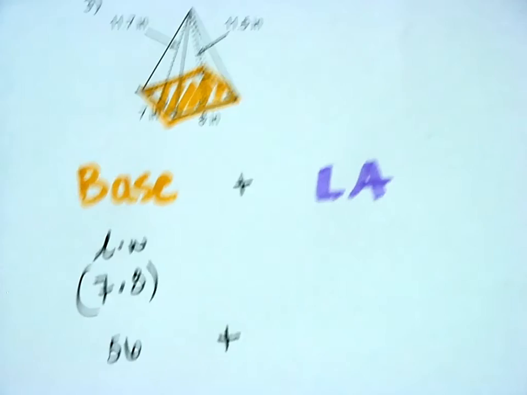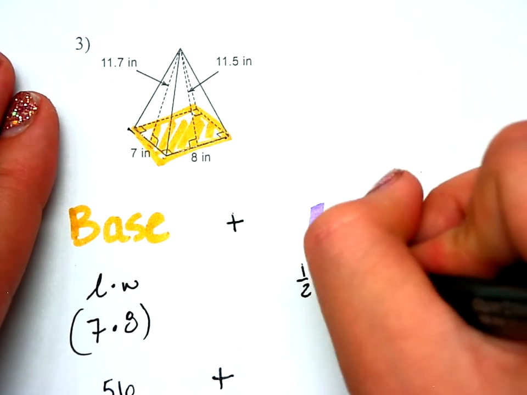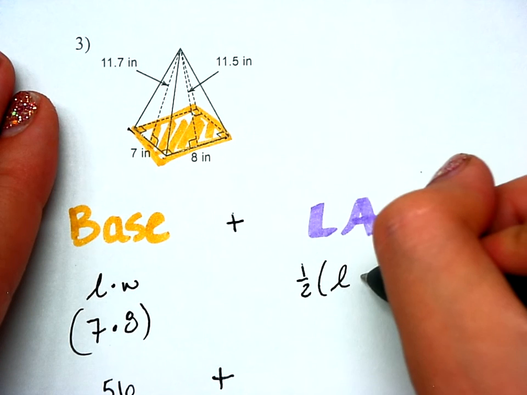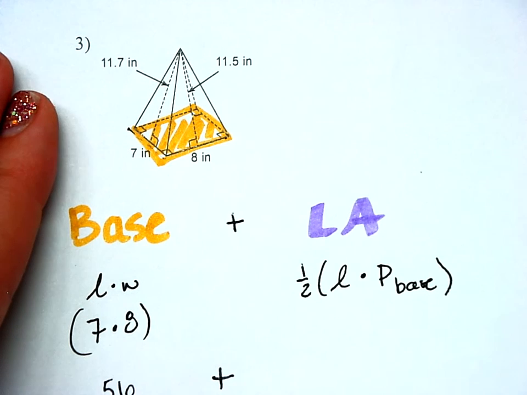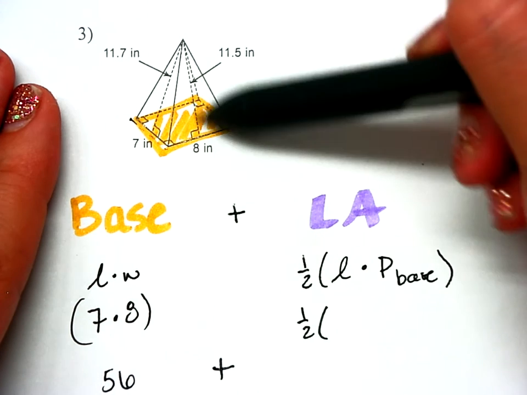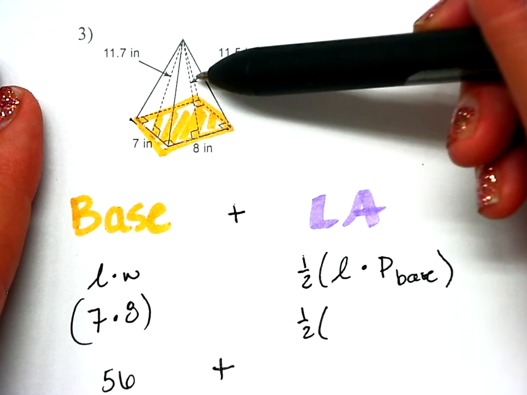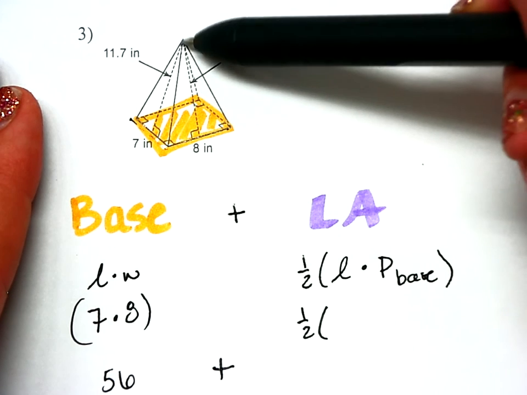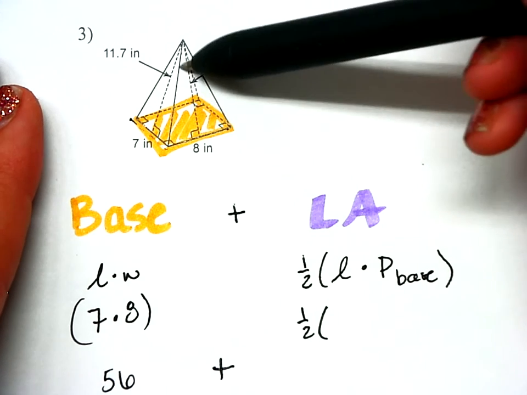and we know we're adding whatever we get for lateral area. Our formula tells us to do 1/2 the slant height times the perimeter of the base. Okay, so 1/2 slant height's usually given. It's right here. That's 11.5, and I'm just making sure, is that the same? So it gives us a different height here.